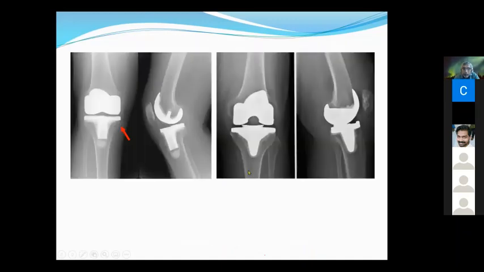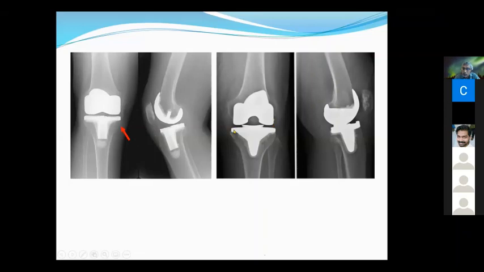So in the cruciate retaining, you have a PCL which is giving you stability. In a cruciate sacrificing, you don't have the PCL, but it's got the post and cam to give you the stability. But you're relying here on the collaterals. Your collaterals are intact. If your collaterals were not there, you won't be able to do the semi-constrained kind of knees.